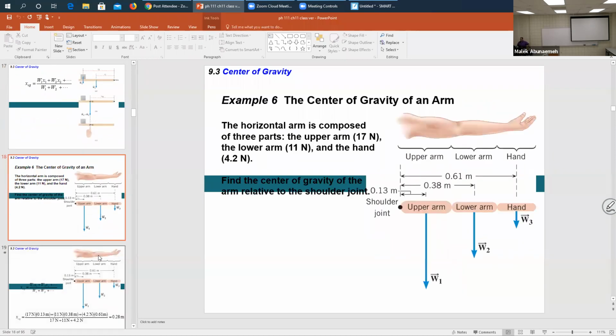So let's say we have an example. We have an arm that weighs 17 newtons, a forearm that weighs 11 newtons, and the hand has 4.2 newtons. Find the center of gravity for the arm. So basically, you've got the 17 newtons, multiply that by your 0.3. You get your 11 newtons, multiply that by 0.38.